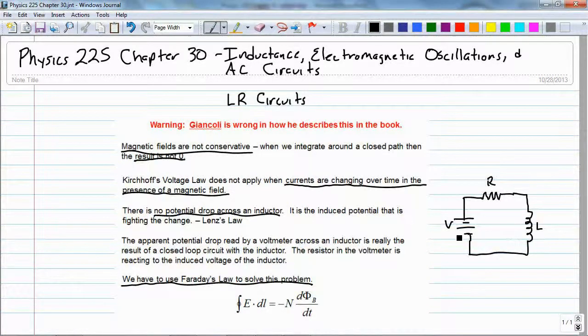So let's say that we have this voltage potential. So I'm going to have a difference in potential here. I'm going to have an increase, and I'm going to have a decrease in potential here.